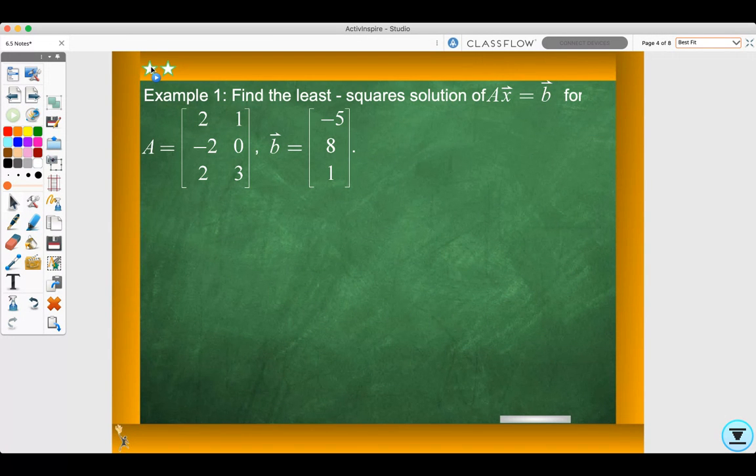Example 1. Find the least squares solution of Ax equals b for A and b. To find the normal equations and to compute x hat, compute A transpose A and A transpose b.